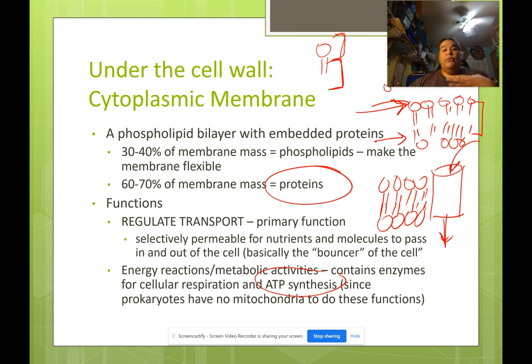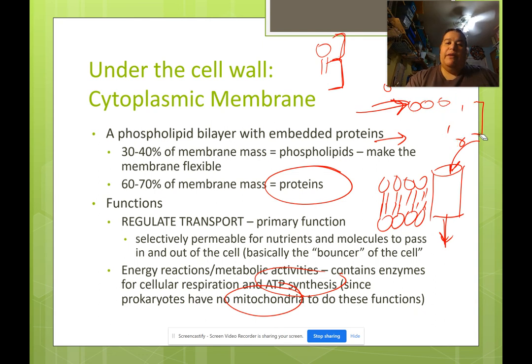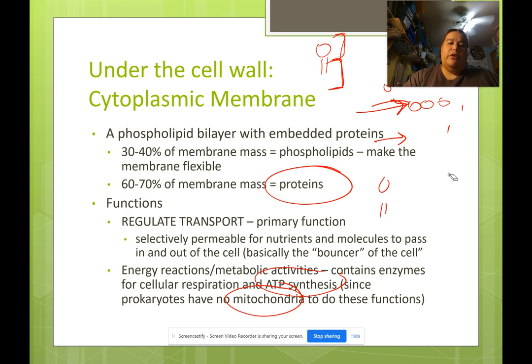Remember, I have no organelles inside of a bacteria. So the mitochondria that we consider essential, that helps us make our ATP in bulk, they don't have those. The enzymes, I'm going to erase again, sorry, but I've got to erase a big chunk so I can draw this out.